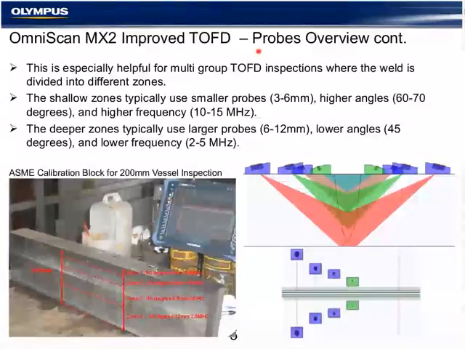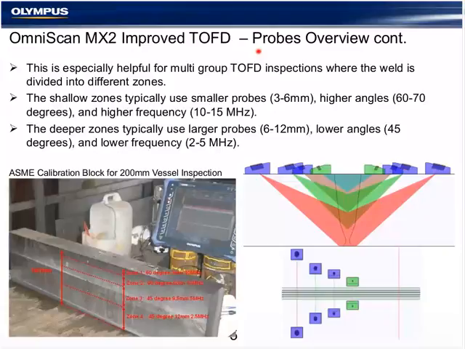So the overwhelming majority of our TOFD inspections are a single group TOFD, typically combined with phased array. But for thicker components, expanding the TOFD to ASME vessels, thick components like this calibration block you see here, we would use small diameter, high angle, high frequency probes for the cap area, which is the most difficult to cover.